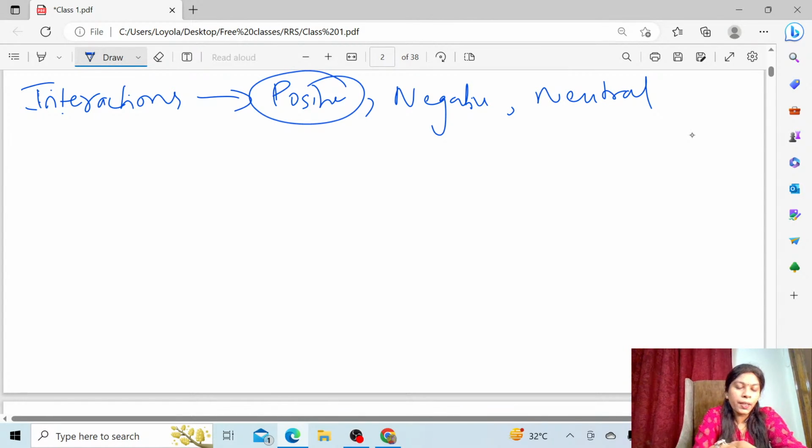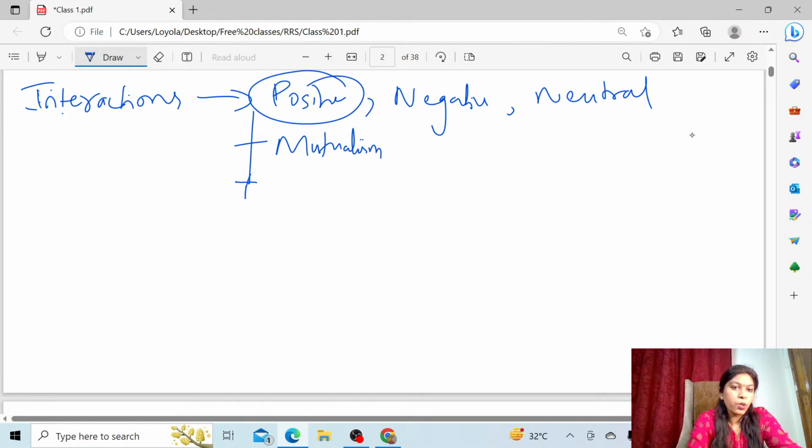Under positive interactions, there are n number of positive interactions between organisms, but what is important only I will be discussing here. The first positive interaction is mutualism. We are going to see about mutualism. Another positive interaction is proto-cooperation, but we will be discussing mutualism in an elaborate manner.